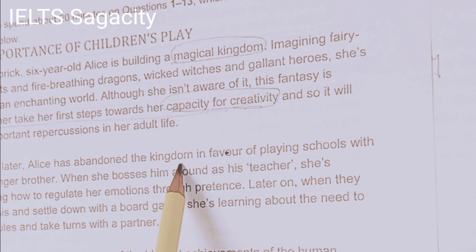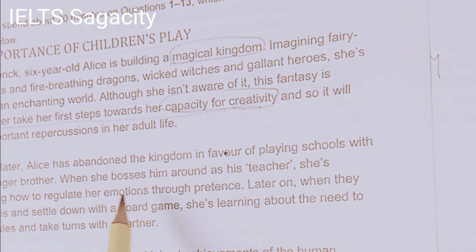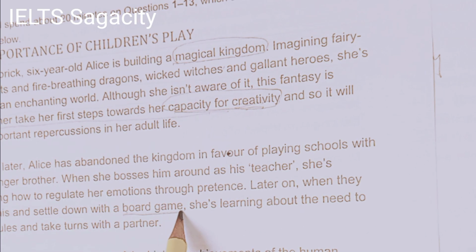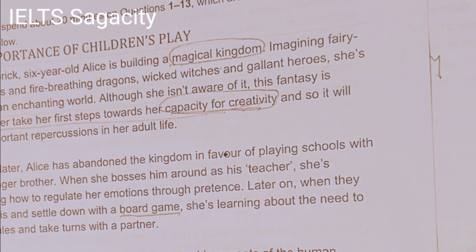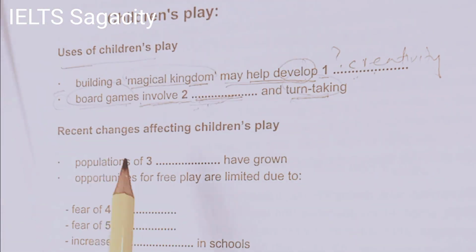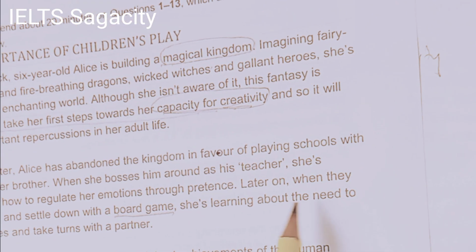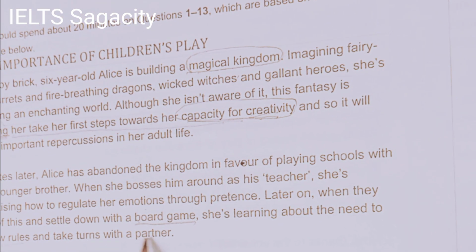Okay, board games. All right, here we go. So we've got board games. Now we're going to see what are those two things which board games involve. So she's learning about the need to follow rules and take turns with a partner.